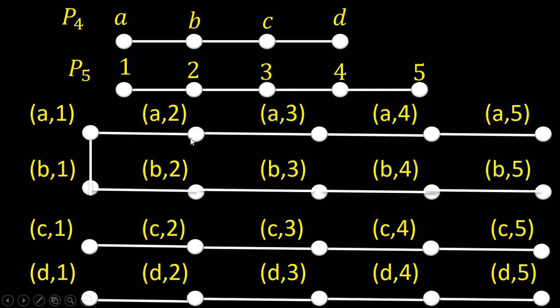Second, A2 and B2: y1 and y2 are equal, and A and B are adjacent in the first graph, so I make an edge between A2 and B2, fulfilling the conditions of the Cartesian product. Similarly, I draw the others.